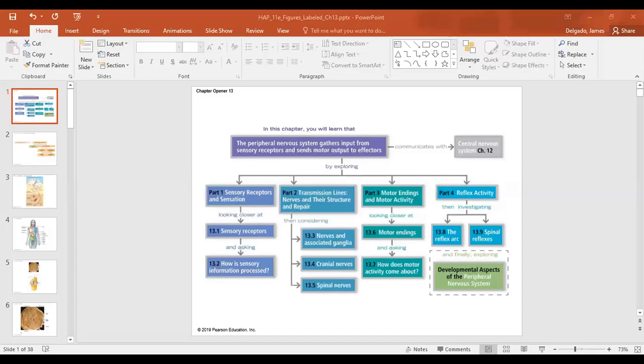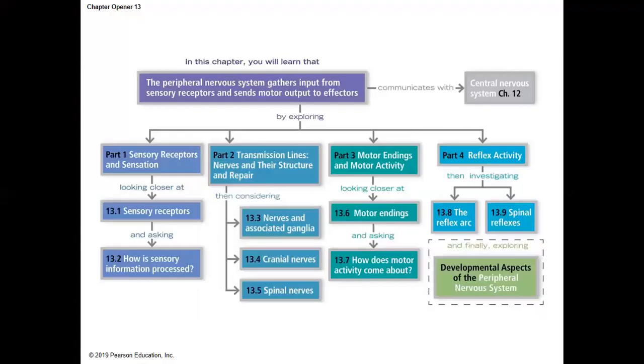Okay. Now, this is the beginning of the chapter. I'm not sure if it starts out as the first slide or not, but it gives us some perspective of where we are. It's like the opening of chapter 13.